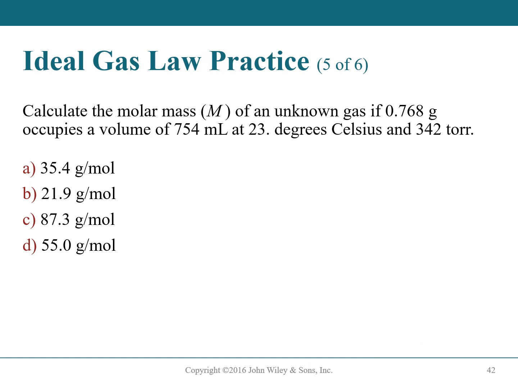Okay, so let's do one more practice. So here we want the molar mass of an unknown gas, and we have 0.76 grams occupying a volume of 754 milliliters at 23 degrees Celsius and 342 torr. So here, since we're not at STP, we're going to use the ideal gas law.